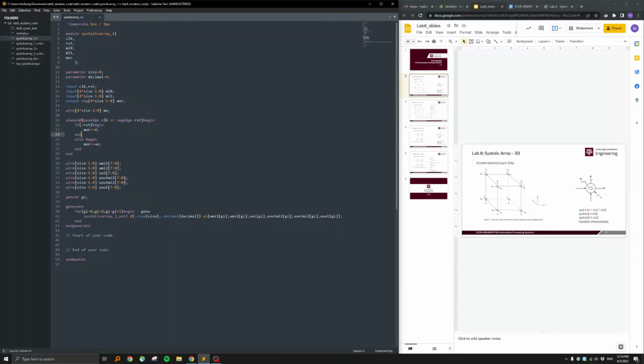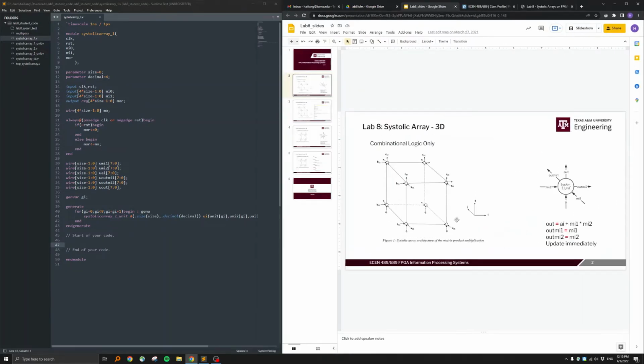So we just have to reset, and on each positive edge, we assign these MO wires to the MO register here, right? So you just need to do your combinational only connections here. Okay, combinational logic only, nothing sequential anymore for this first part.